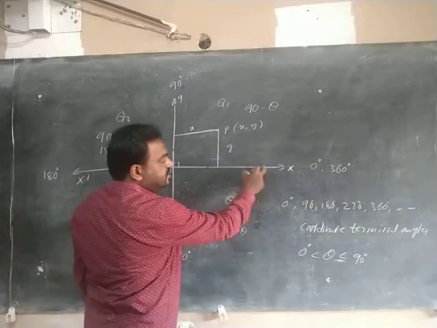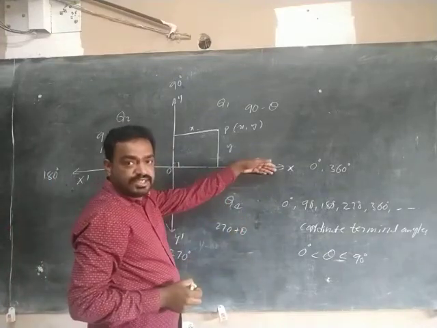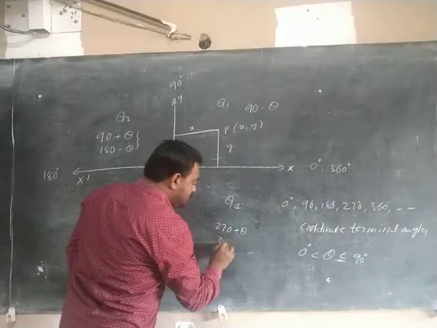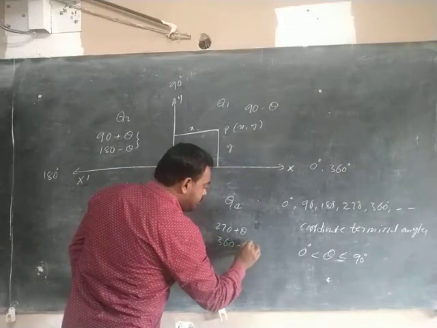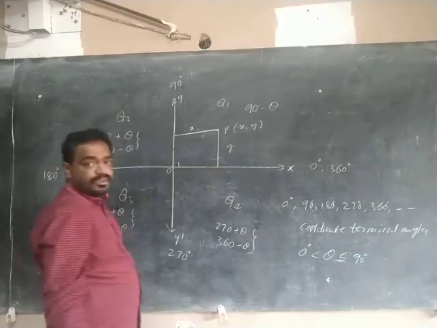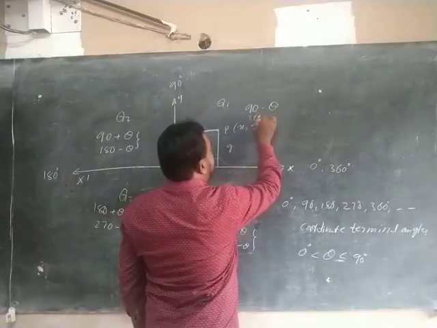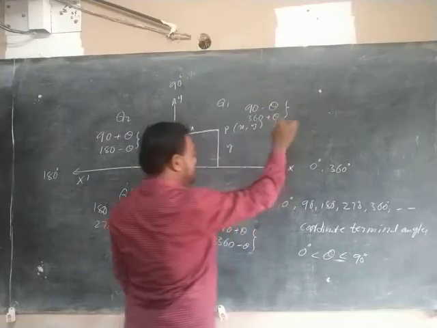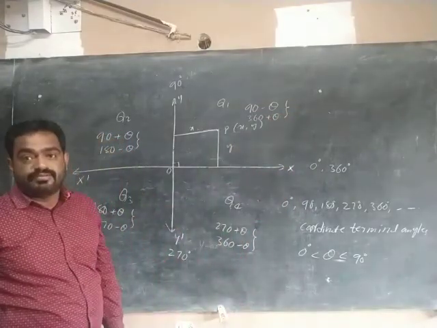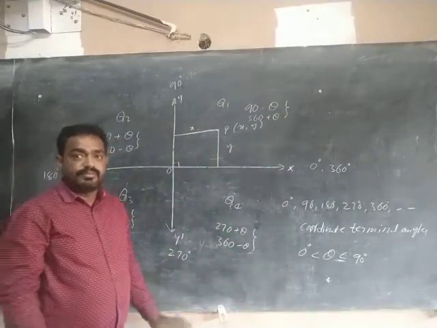Next, 360 minus theta. Here 360 is there. 360 minus theta is in the fourth quadrant. 360 plus theta is again in the first quadrant. Understood?